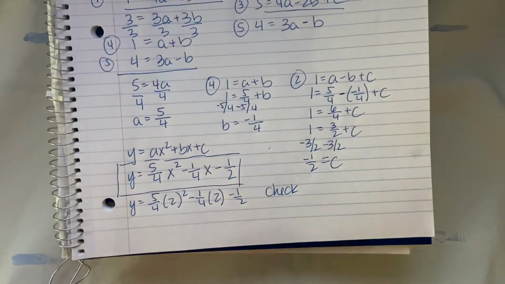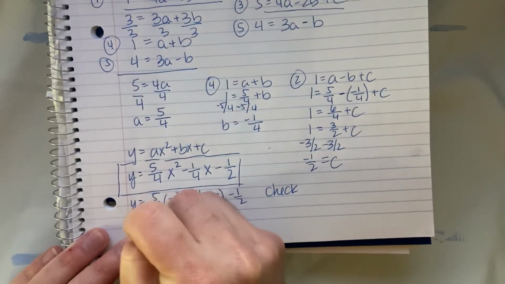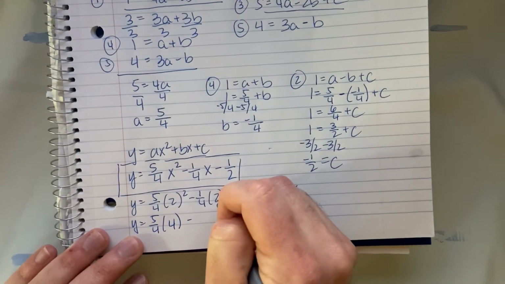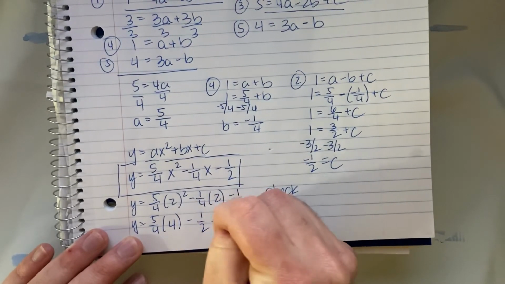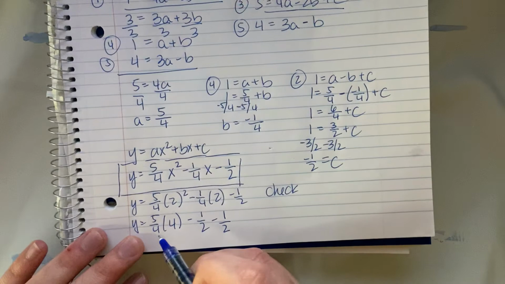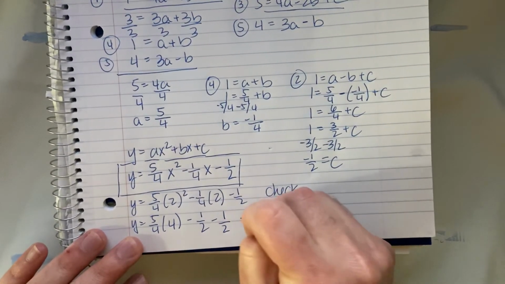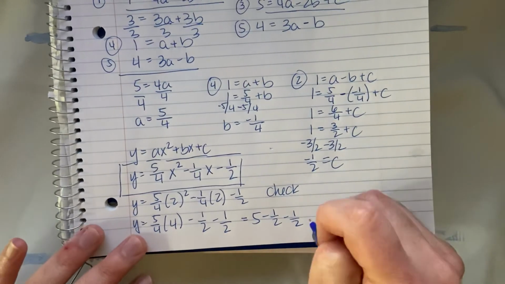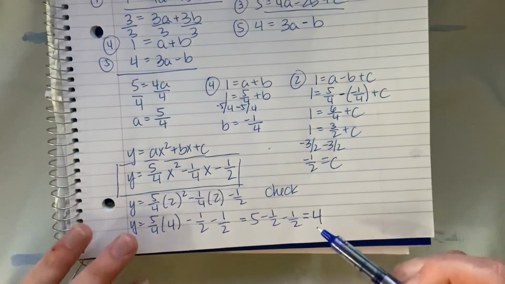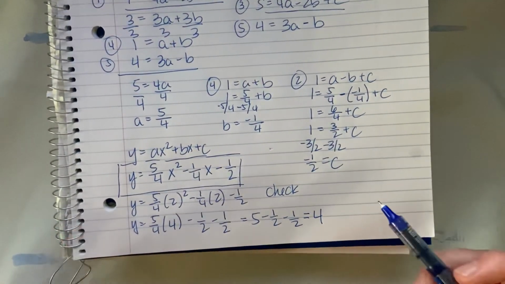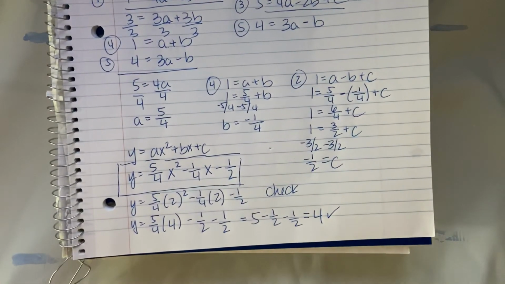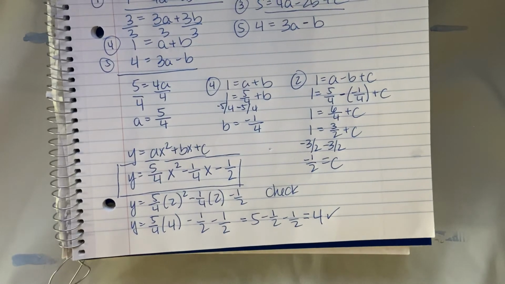So this is 5/4 times 4, minus 2 times 1/4 is 1/2. So 5/4 times 4 is just 5. So 5 minus 1/2 minus 1/2. Well, 2/2 is just a whole, which is 4. Did I get the y value from my original point? Yes, it was supposed to be 2, 4. You can check all the points if you want to, but that is how this kind of problem goes.